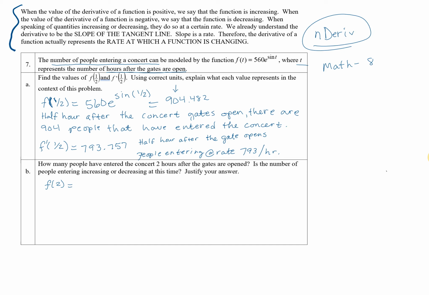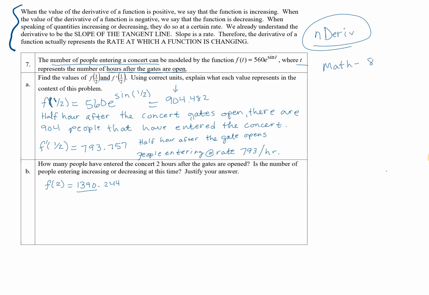Again, this is just a straight plug in on your calculator, no fancy function other than the one you're given, 560 e to the sine of 2. This works out to be something like 1390.244. Again, we're looking at the whole number portion of this answer. It means that 2 hours after the gates have opened, 1,390 people have entered the concert.